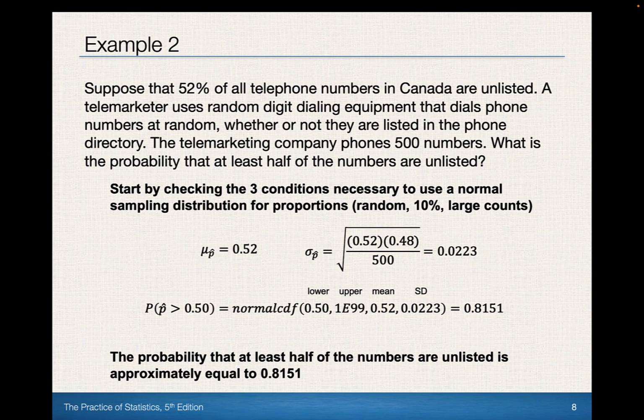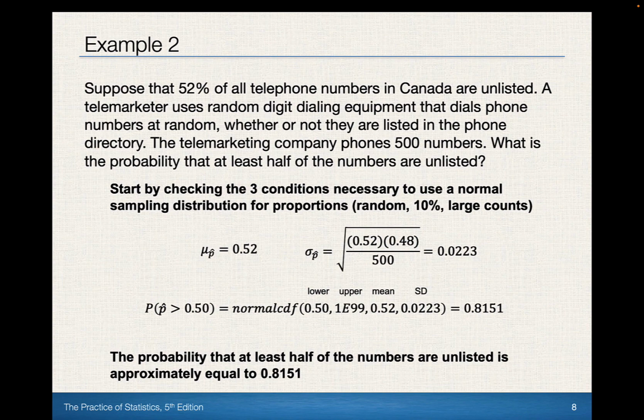If you satisfy random, 10%, and large counts, then we can say that the center of the sampling distribution is equivalent to the parameter of interest, which is 0.52. You can also show that the standard deviation of that sampling distribution is the calculation with the equation that involves the sample size n, so I've given you those values. I've shown you the probability that more than half of the numbers are unlisted in that sample.